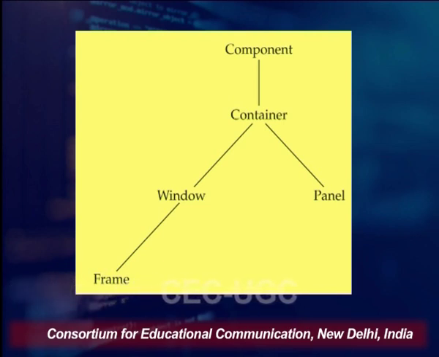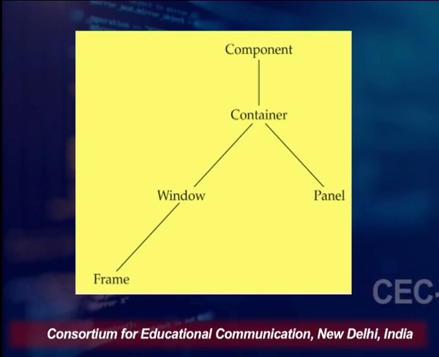Each and every class has its own functionality attached with it. So we have the Component class shown here as the topmost one. Then we have the Container class, which is a subclass of the Component class.